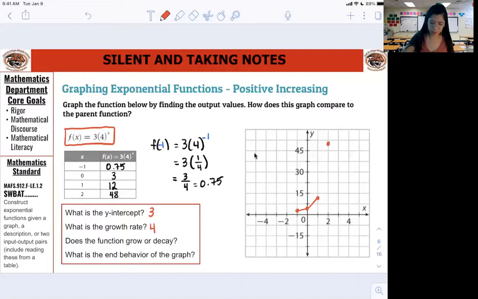So the shape, like I said, the shape is the most important thing, even if your dots are not perfectly in the right place. There it is. All right. So go ahead and just do your best to sketch that graph. I'll give you guys a little bit more time. And then start thinking about those last 2 questions that I have. Is the function growing or is it decaying? And then think about the end behavior of the graph.